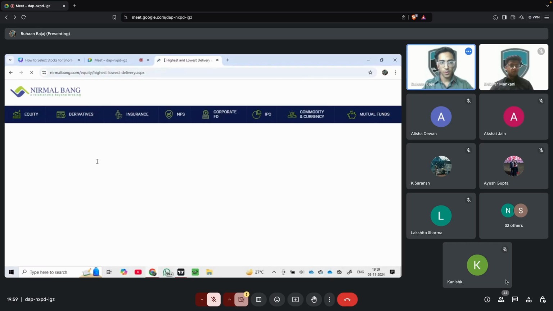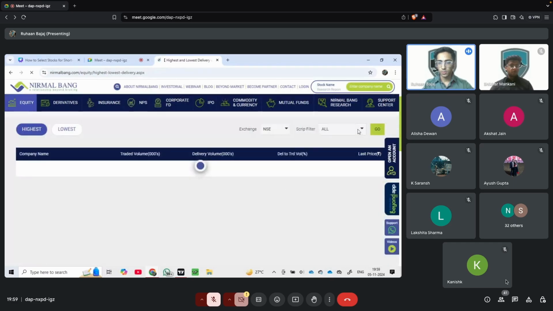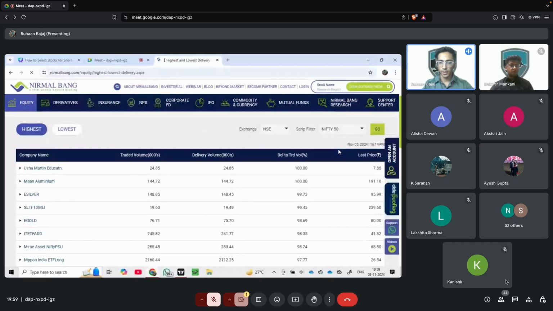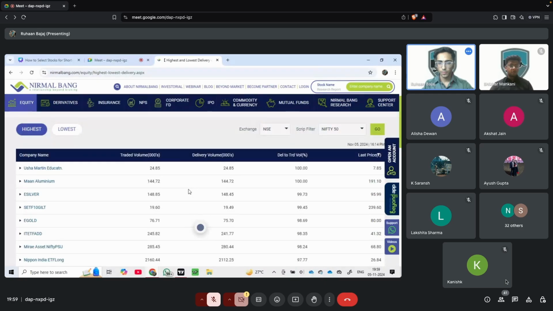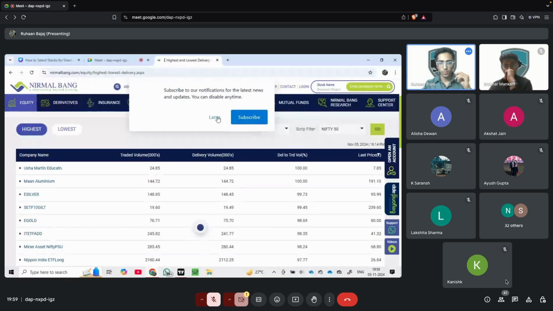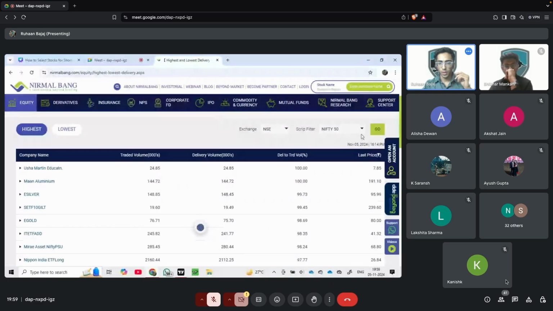We go to volume analysis, highest lowest delivery. Change to NSE script. We take Nifty 50. It's taking some time. Yeah.